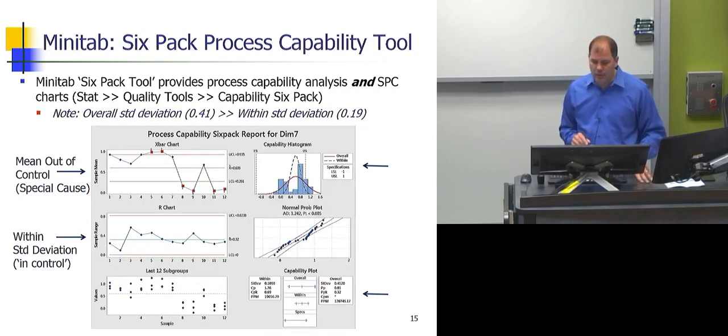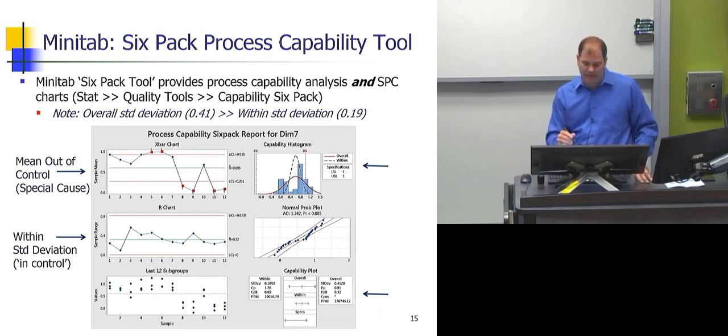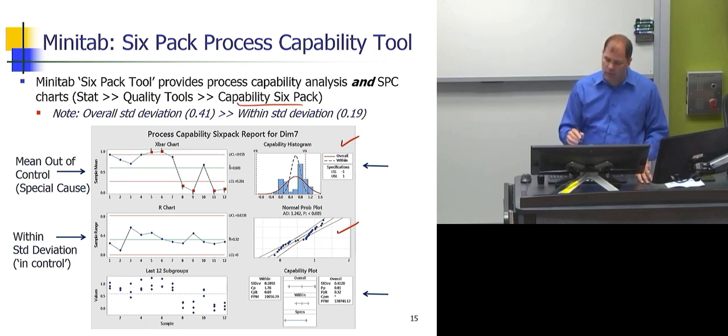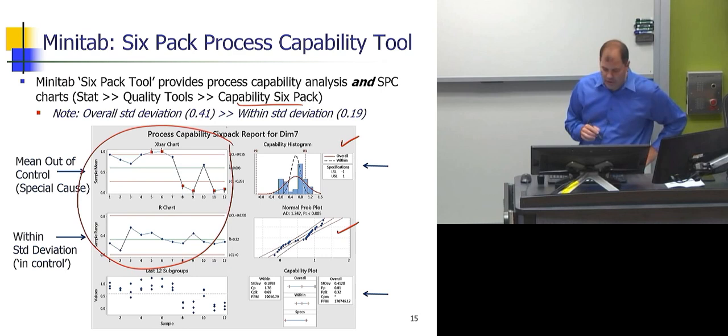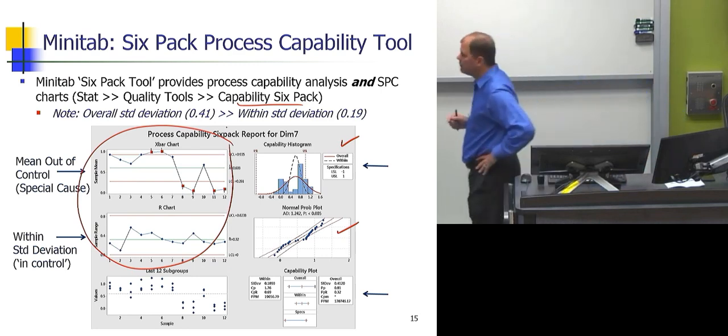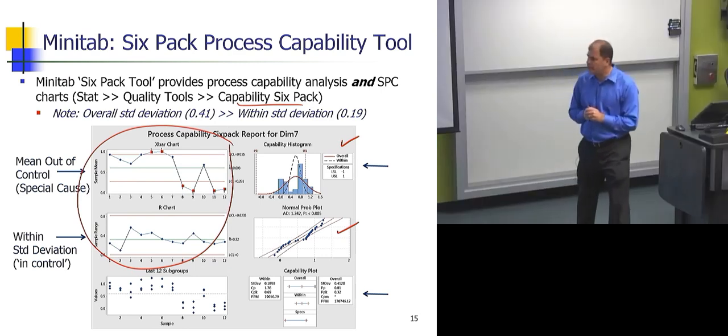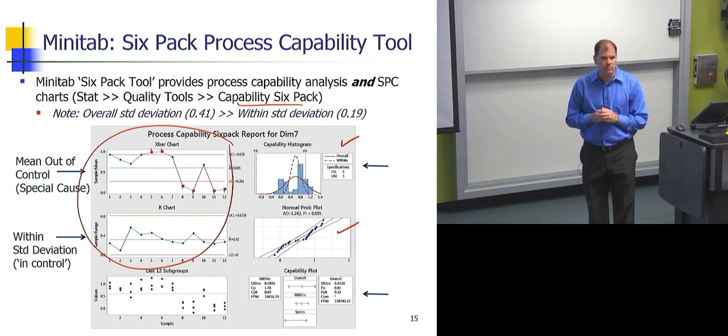Up until now, we've been using the capability analysis. There is also what's called the capability six-pack. Capability six-pack is going to show us the overall normality, in this case non-normal, it's bimodal. It's showing us the histogram, and it's showing us the X-bar range chart. Are we surprised the range chart is in control?